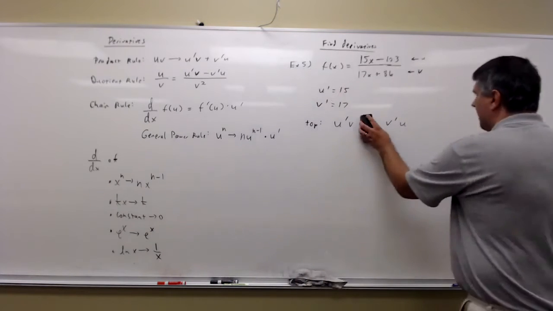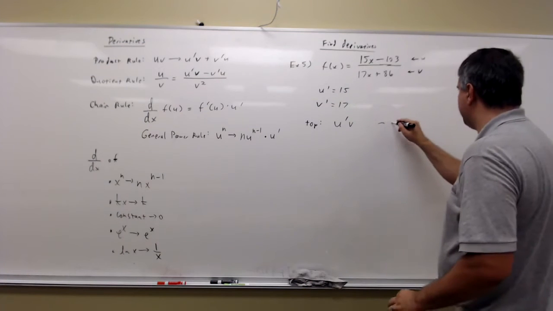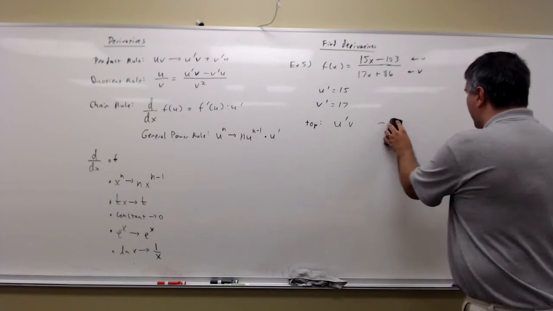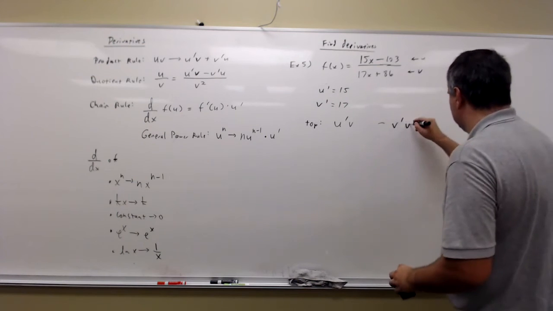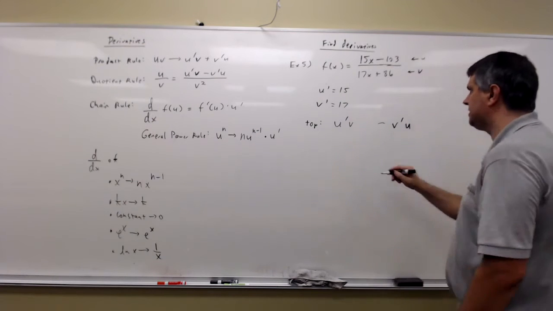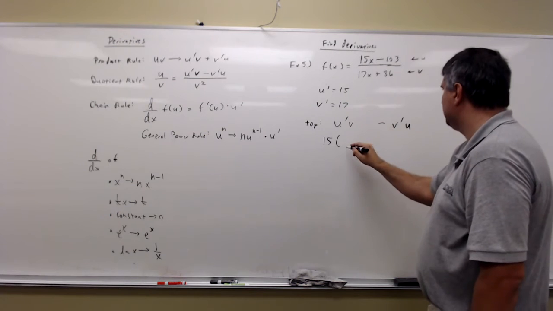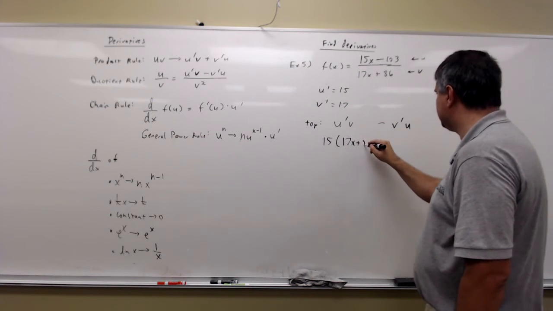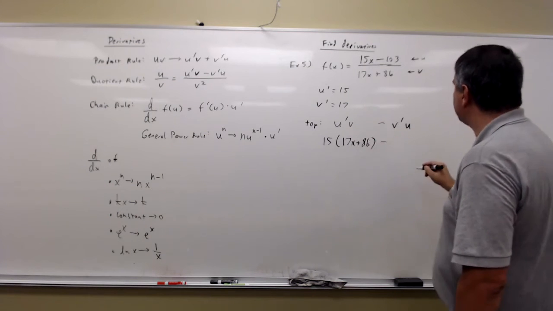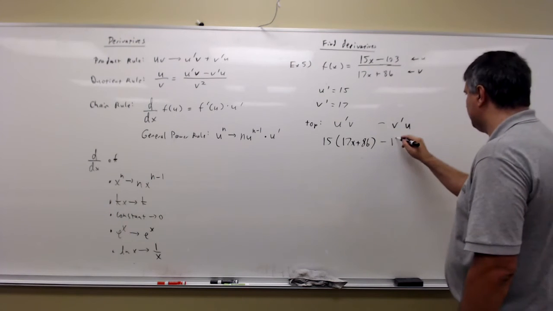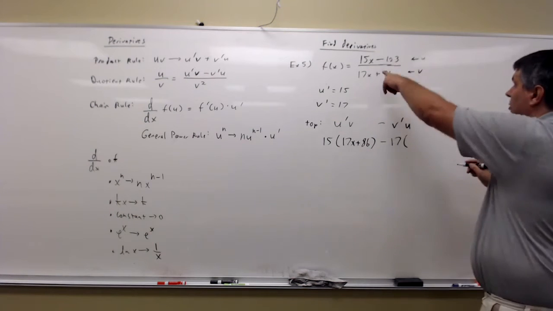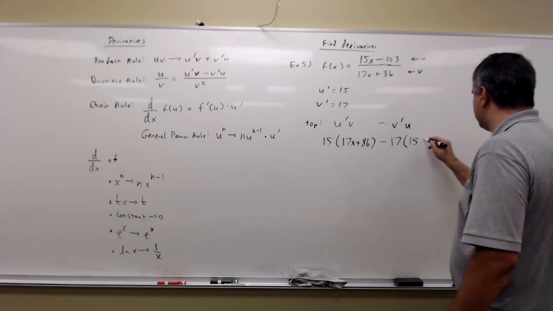Okay, I'm going to expand the space a little bit. So u prime is 15, and v is 17x plus 86, minus v prime, which is 17, times u, which is 15x minus 103.